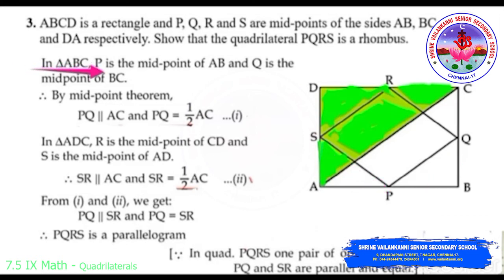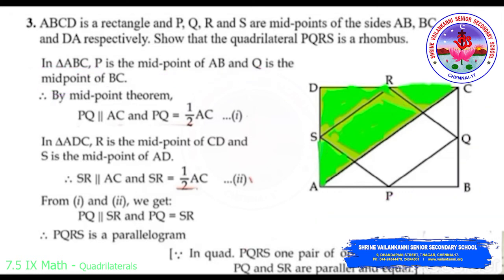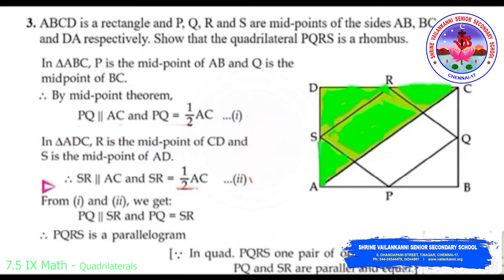Let us consider triangle ABC where P and Q are the midpoints of the sides AB and BC. By the midpoint theorem, we get PQ parallel to AC and PQ is equal to half of AC, calling this equation 1. Now consider triangle ADC where R and S are the midpoints of the sides CD and AD. By the midpoint theorem, we get SR is parallel to AC and SR is equal to half of AC, calling this equation 2.